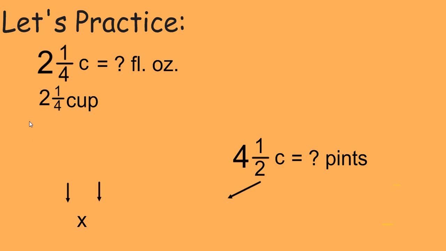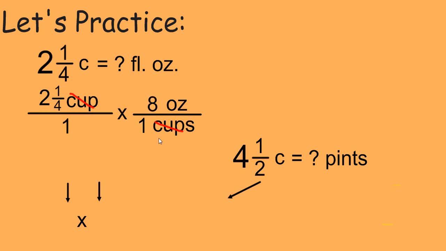So if we're going from cups to fluid ounces, now we can do it the same way. Even though we have a mixed number, we'll still write it over 1 and set up our conversion factor. We want cups on bottom and ounces on top. The cups will cancel out, and when we put the equivalent values, 8 ounces equals 1 cup. And now all we have to do is multiply across.